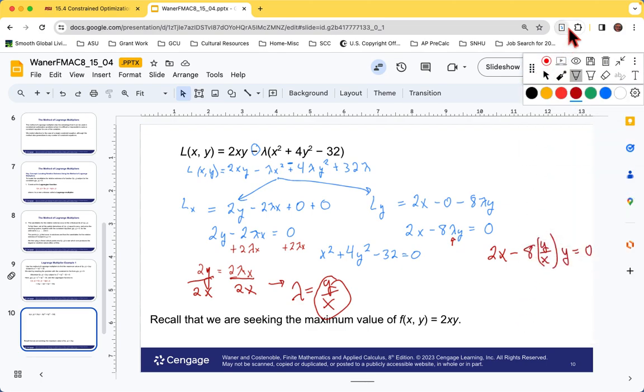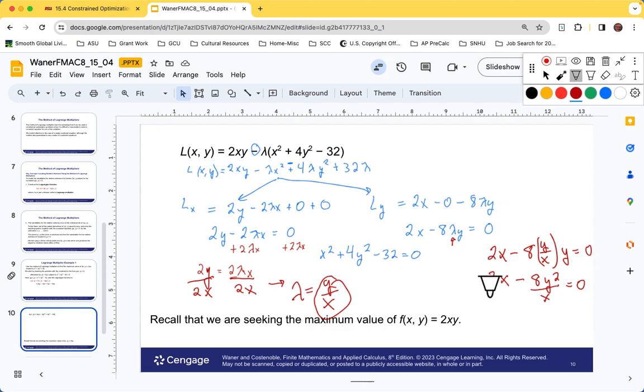It's not a beautiful thing to work with, but we can make do. So we get 2x minus 8y squared over x equals 0.